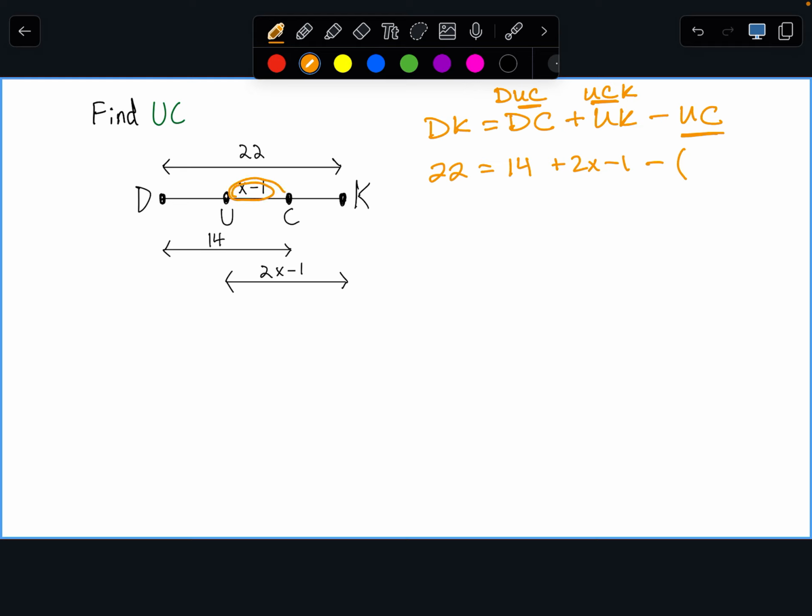UC is 2 terms. So I need to put it in parentheses so I can remember to subtract both, because minus a minus becomes a positive. So when I distribute my invisible 1, 22 equals 14 plus 2x minus 1 minus x plus 1.